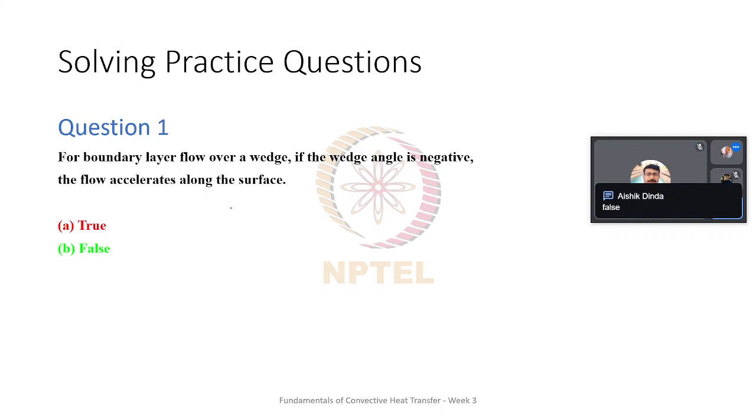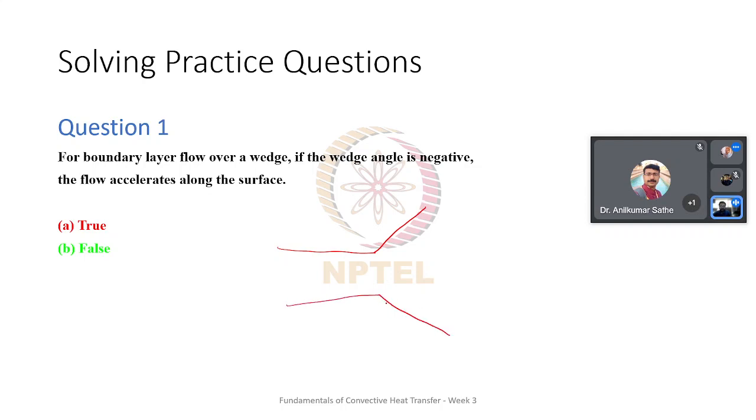What actually happens is, let's say we have a flow like this, and a negative wedge angle means an expansion of this sort. This angle is a negative wedge angle, minus beta. If this is negative, then there is an expansion, and as a result there is an adverse pressure gradient.